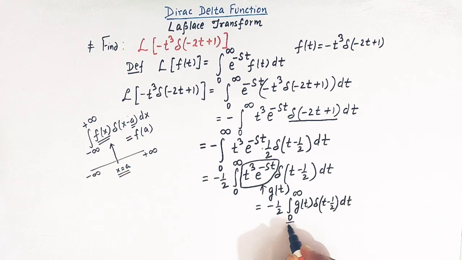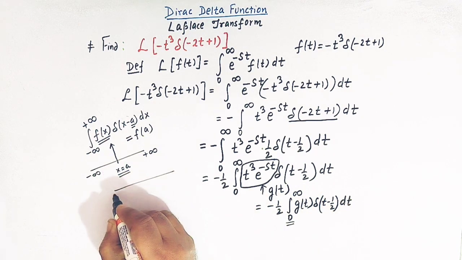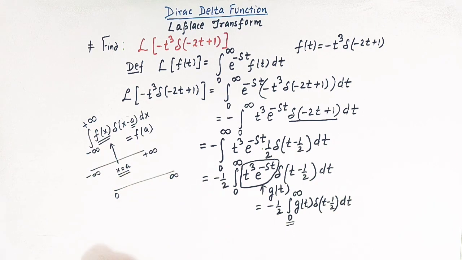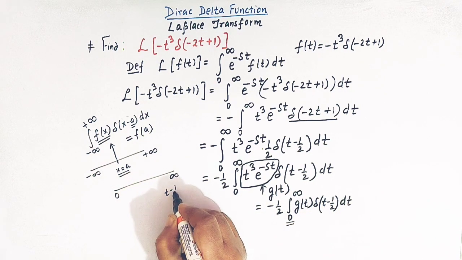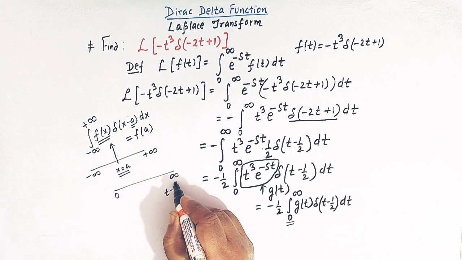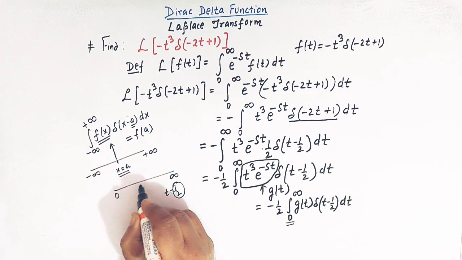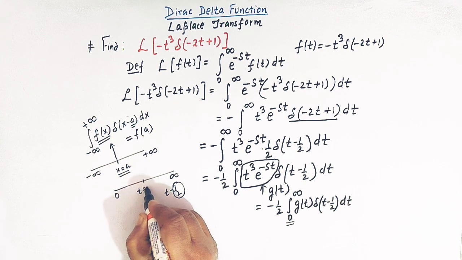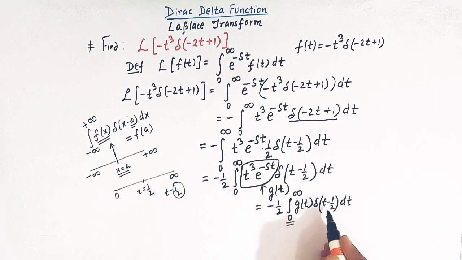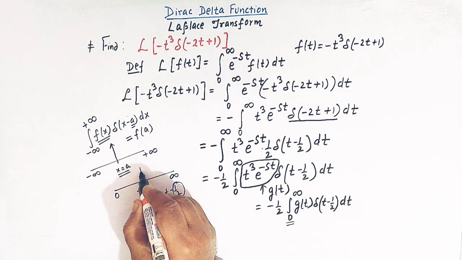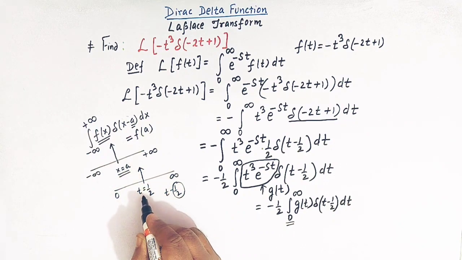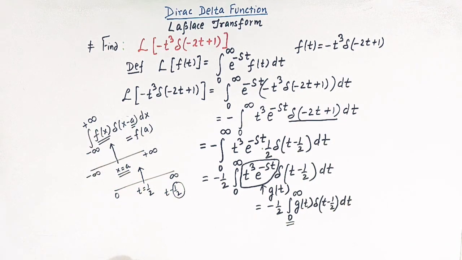But here we have the limits, that is from 0 to infinity, right? Here we have 0, here we have infinity, and here we have delta of t minus half, right? So t minus half implies that we have the point t is equal to say half, right? So the delta function, it exists at only this point, that is t is equal to half.